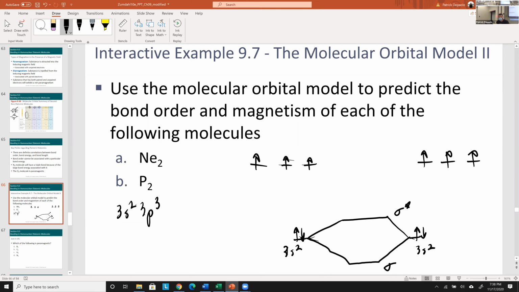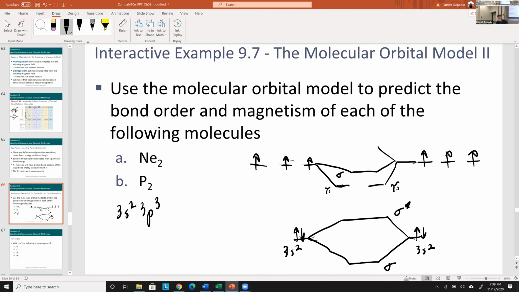Does that make sense? Okay. So now in terms of which molecular orbitals are we filling up first, this is where the discrepancy came into play. So we're going to have 2 pi orbitals. Then you're going to have your sigma, which is a little bit higher energy.